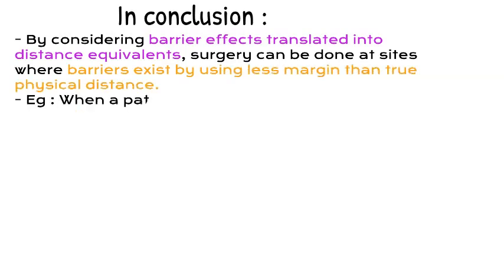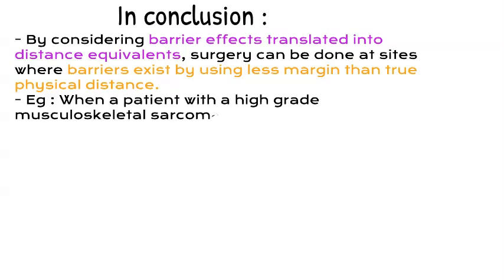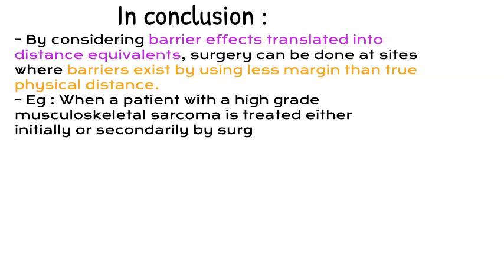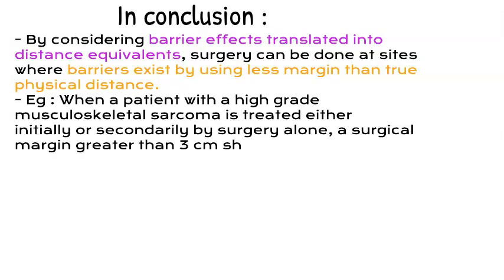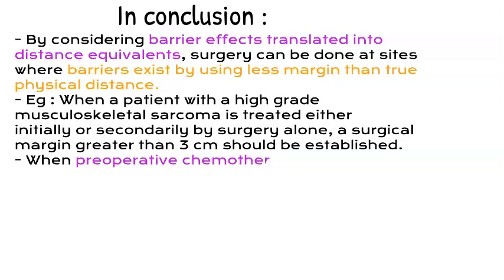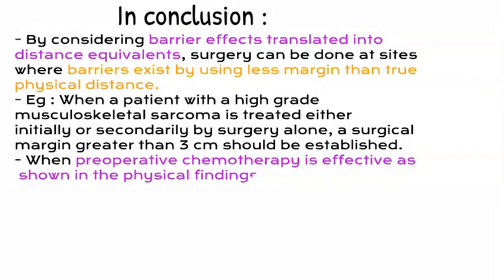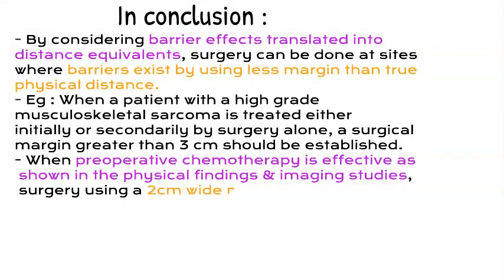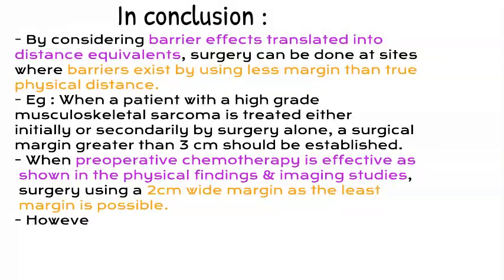For example, when a patient with a high-grade musculoskeletal sarcoma is treated either initially or secondarily by surgery alone, a surgical margin greater than 3 cm should be established. When preoperative chemotherapy is effective as shown in the physical findings and imaging studies, surgery using a 2 cm wide margin as the least margin is possible.